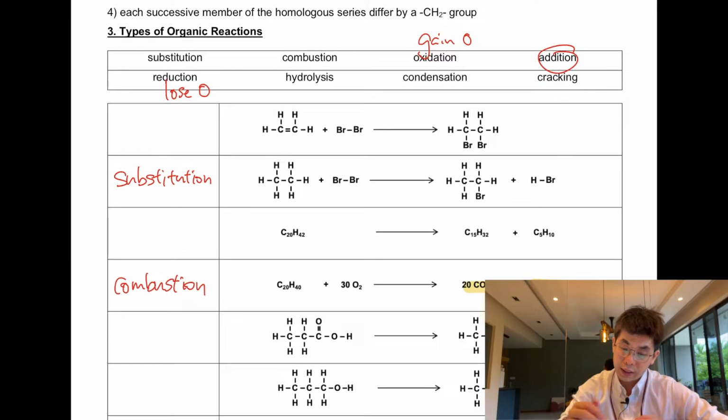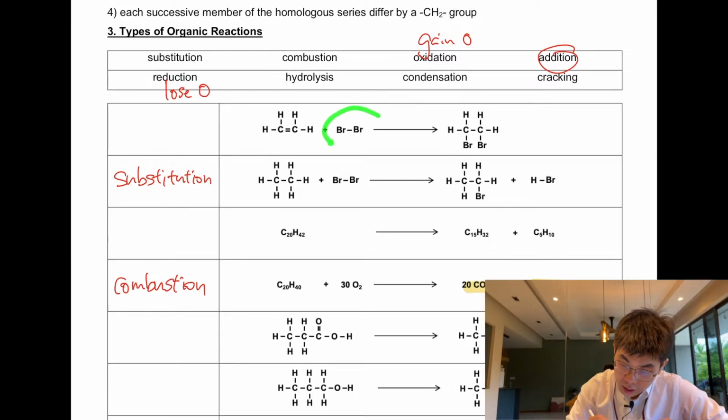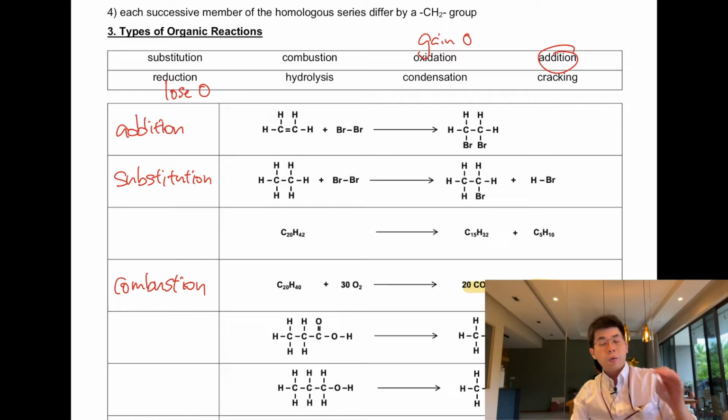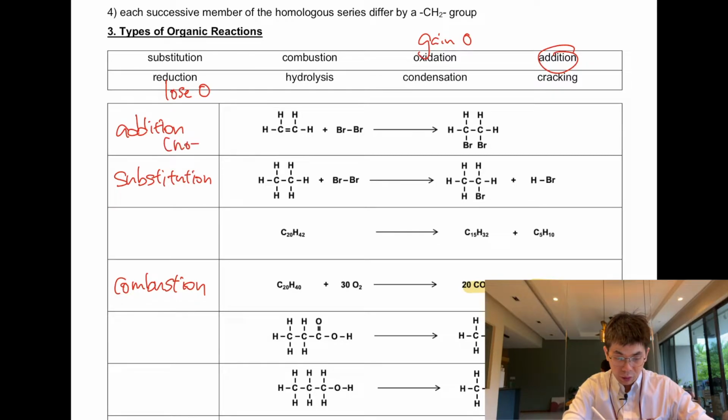And what I see is the first option. You see this Br. It seems to add in here because this one has space right over here. So this is the addition reaction. And addition reaction can only take place when there is space, when the organic substance is not full. I'll talk about the word full later.